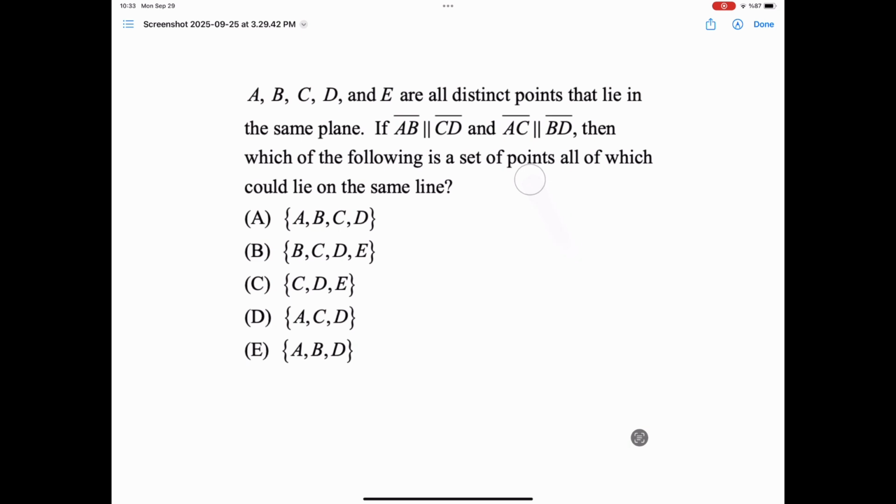So we need to draw some parallel lines so that we can visualize the associations, or this hypothetical straight line here is the same line. So let's say this is A and B. It is parallel to C and D. So these are parallel.